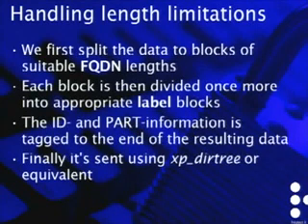When we have these blocks, we split them into smaller blocks divided by dots, so they fit our label restrictions. We then tag along the ID and part information, and when it's all built, we send it using the xp_dirtree command. And like I said earlier, xp_dirtree doesn't do a directory tree in this case. The only purpose of xp_dirtree is to perform a DNS resolution in order to send our data to our DNS server.